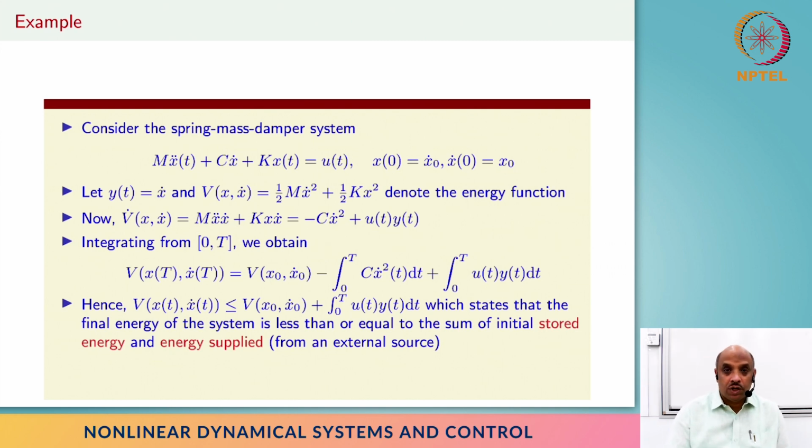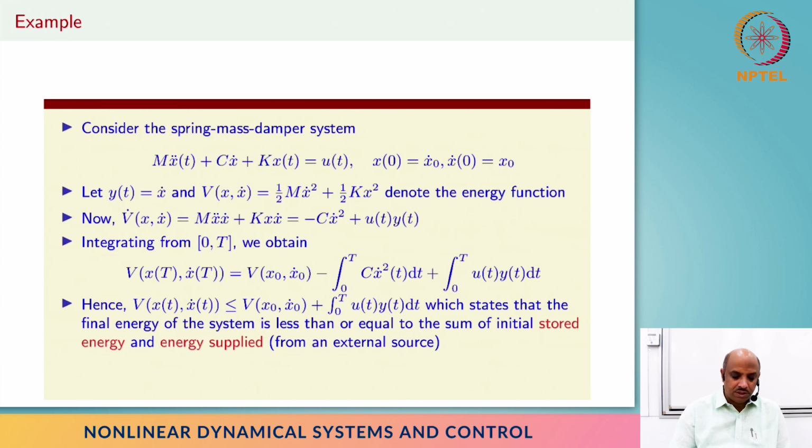Another nice word that we can use for this energy getting lost is dissipation, right? That's how the term dissipative systems comes about. So this equation is quite important for us to understand. The final energy is always going to be less than or equal to the initial energy plus the external energy input, or power supply.